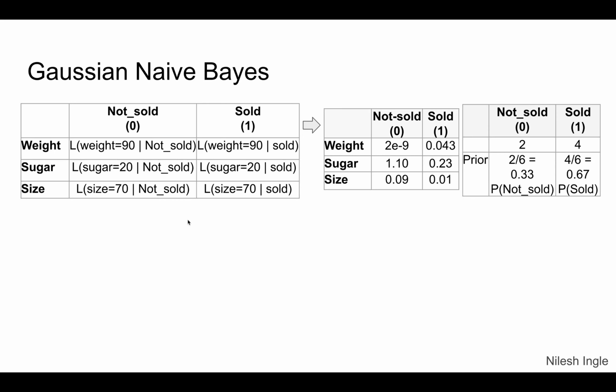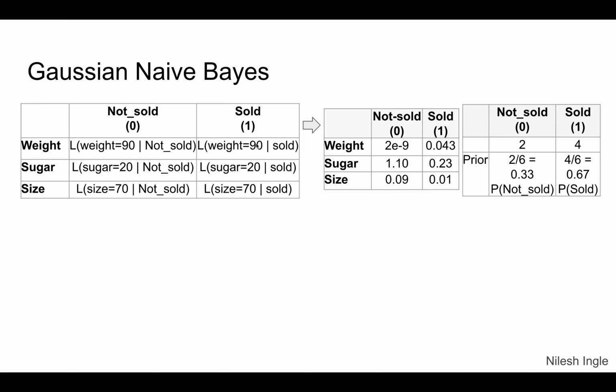Now when we look at it mathematically, the way we would read that is, for each of the classes, not sold and sold, for weight what we have found is the likelihood that the weight is 90 grams given that it belongs to the class not sold.